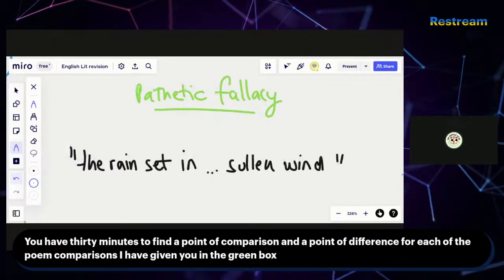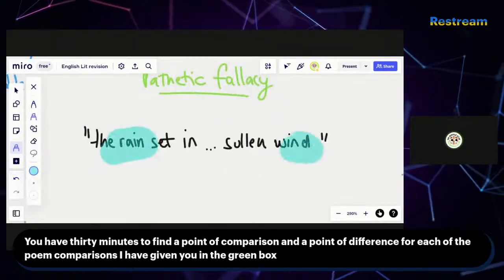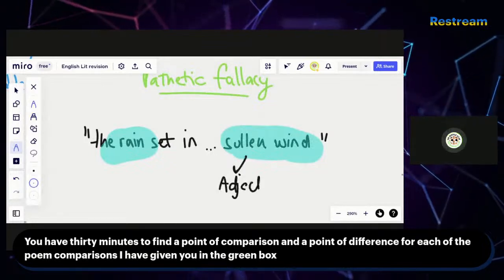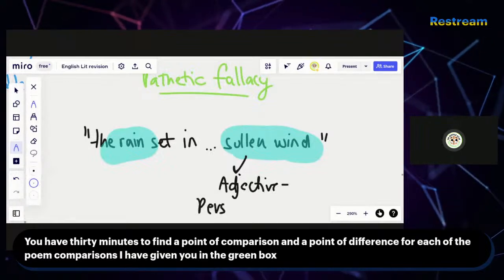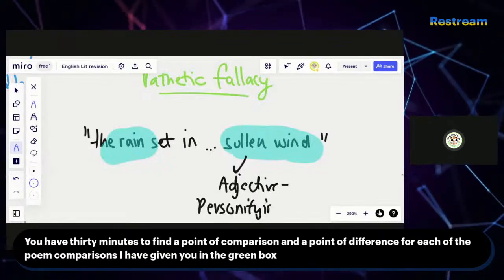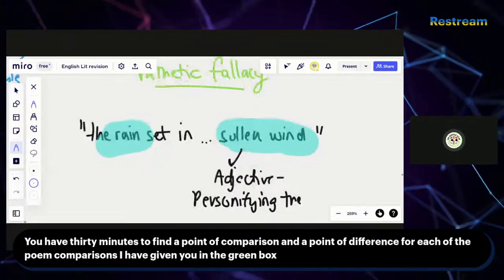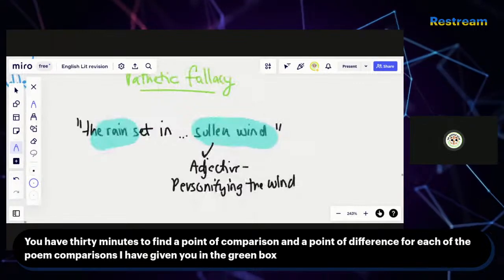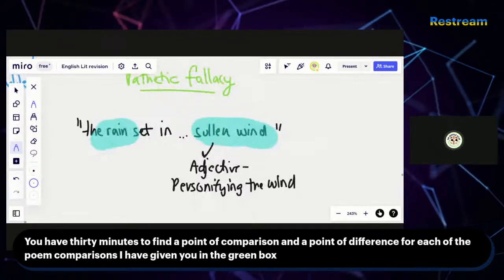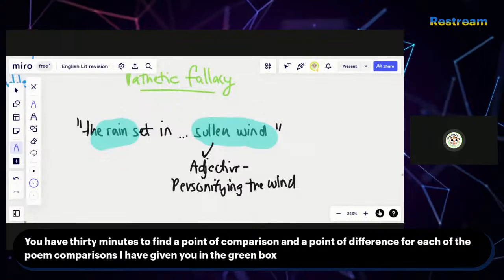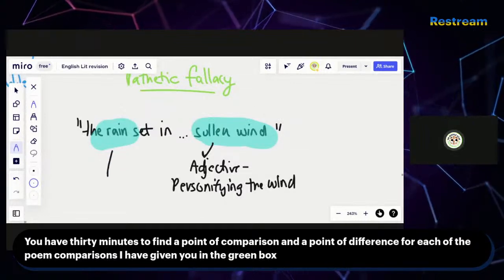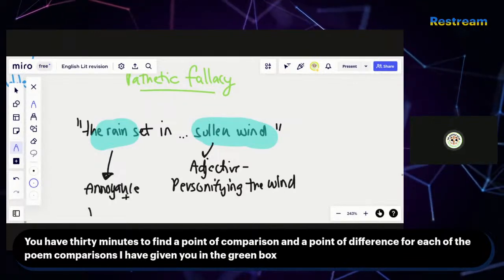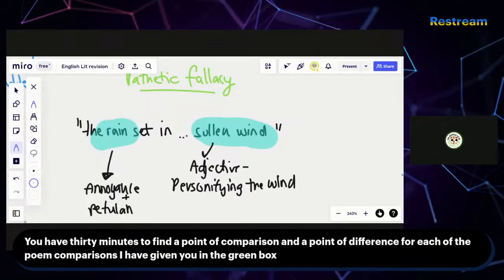So through this idea of rain and sullen wind, especially this adjective here, by personifying the wind, which is another technique, personification, it creates this looming sense of sadness and even grief, which is soon to come. And the idea of rain, this idea of annoyance and petulance, is reinforced here.